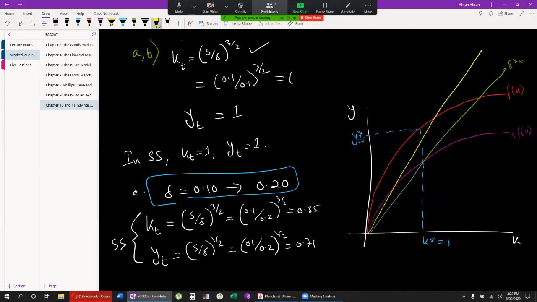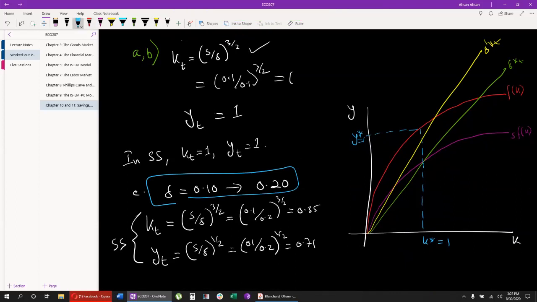This is with the new depreciation. Now see what has happened. Because we have higher depreciation, this now is our new steady state point.